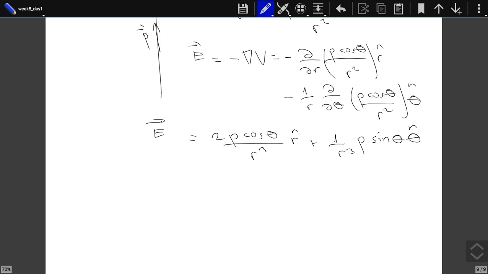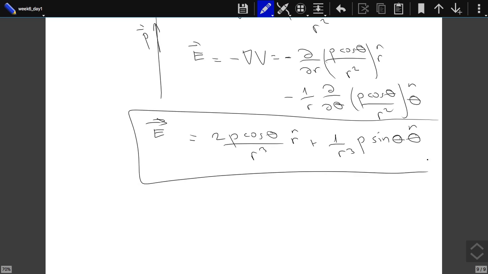This is the electric field, which is equal to 3 p dot r hat in the r hat direction minus p, divided by r cubed.